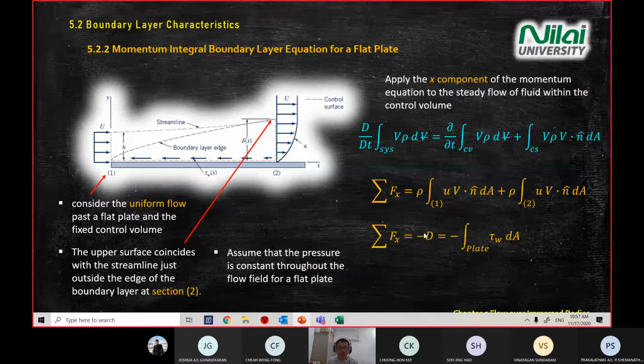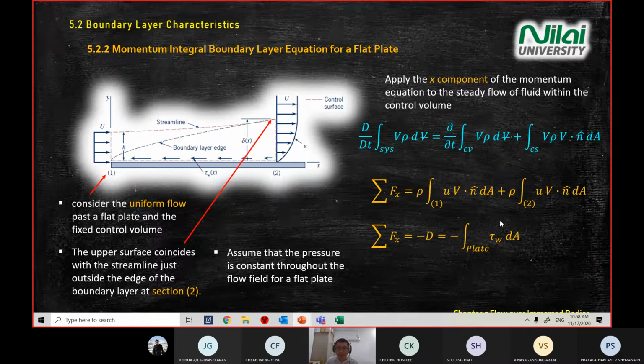In this derivation, we assume the direction of our drag force is opposite of our upstream velocity. That's why we use a negative here, and it is given by D equal to negative integral of our shear stress times dA.